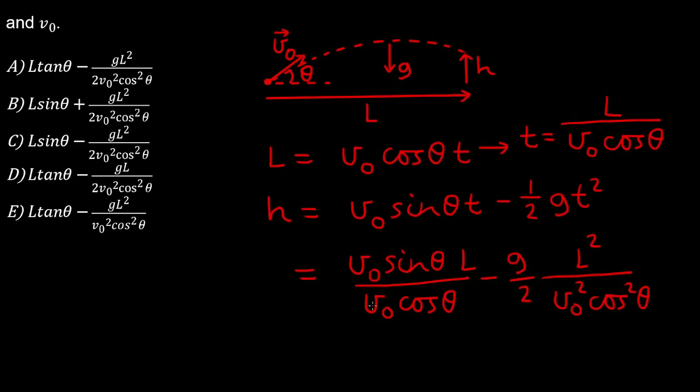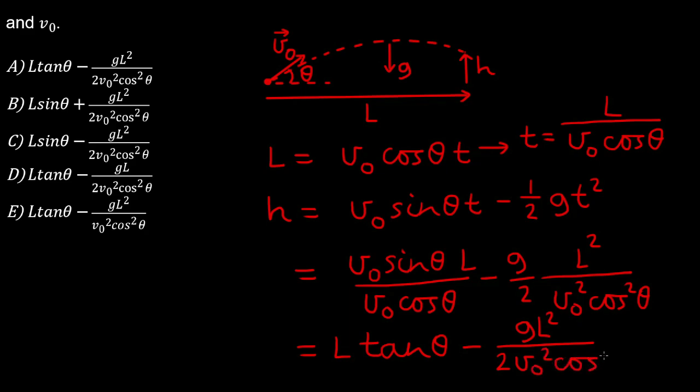And the v0's cancel, and sine theta on cosine theta is tan theta. So we have L tan theta minus gL squared on 2 v0 squared cosine squared theta. So the correct answer is A.